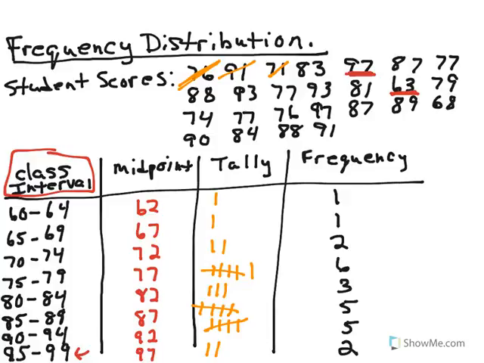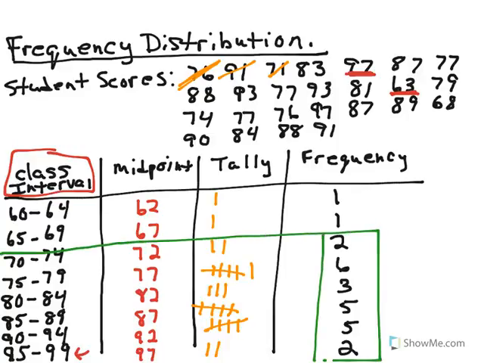From this class or frequency distribution, we can answer questions such as how many students scored 70 or above? Well, we find the 70 and above range and we add those all together. And that would give us 23 students scored 70 and above.